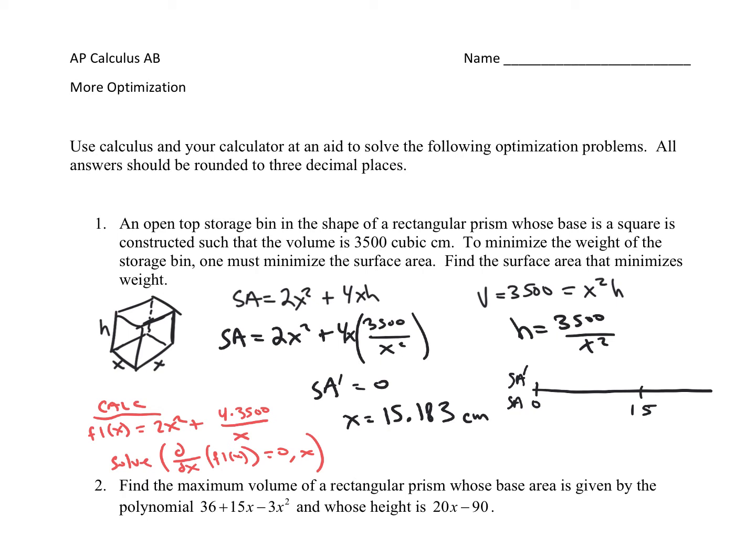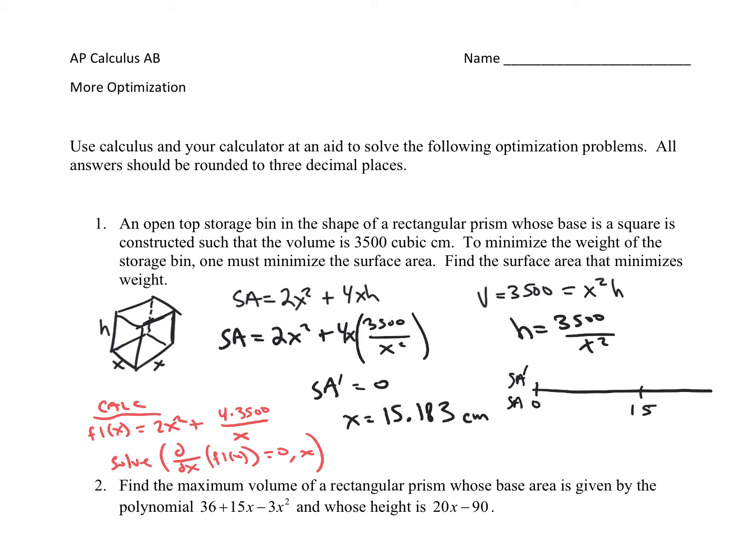You can't type in a number yet, because that'll do the derivative of a constant. It'll just give you 0 every time. So you do ddx of f1 of x, and it gives you the answer you expected, 4x minus 1400 over x squared.